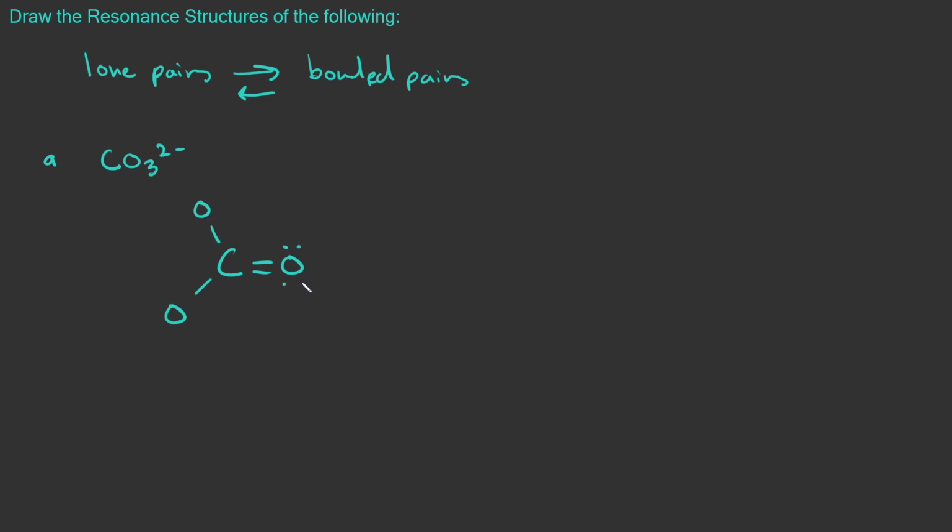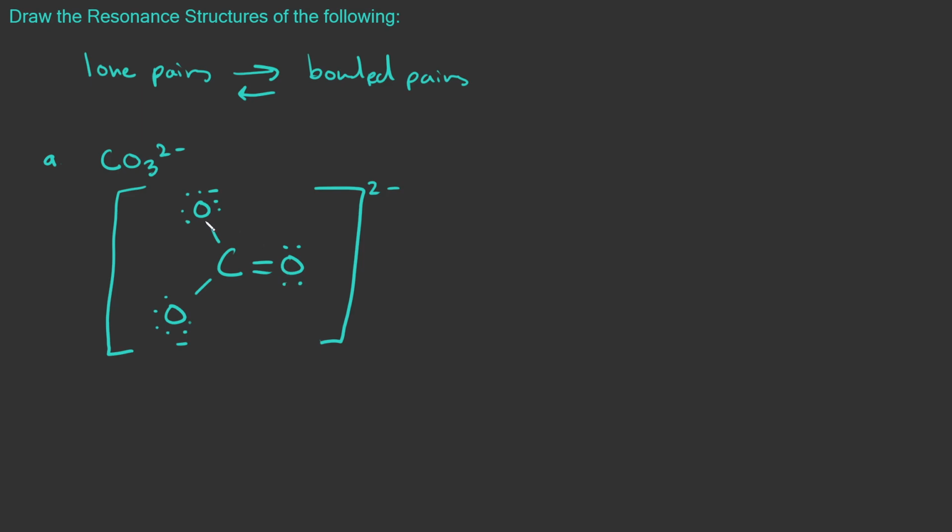These lone pairs and their formal charges really matter. In this case, this is a negative charge, this is a negative charge, and this overall has a -2 charge.